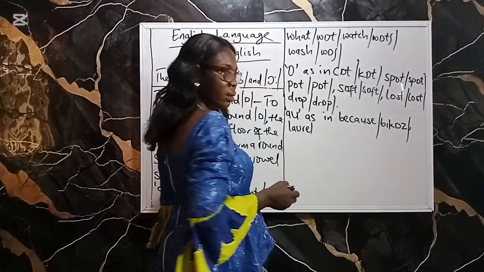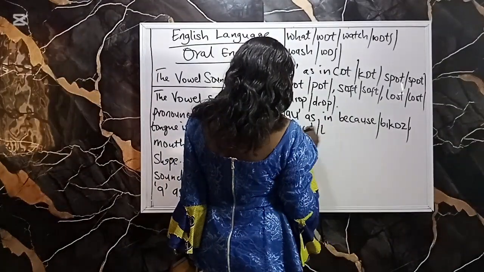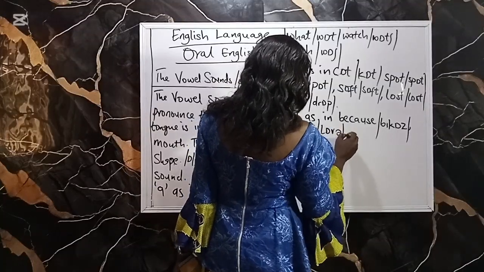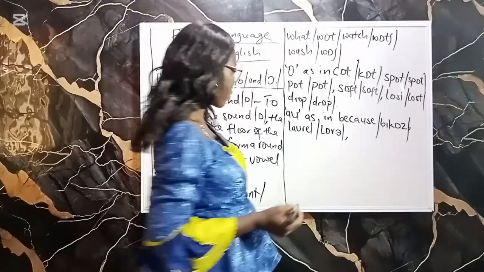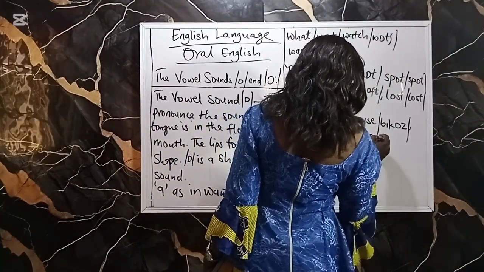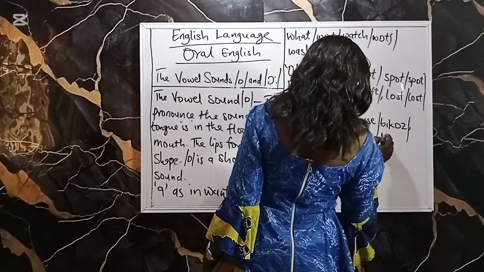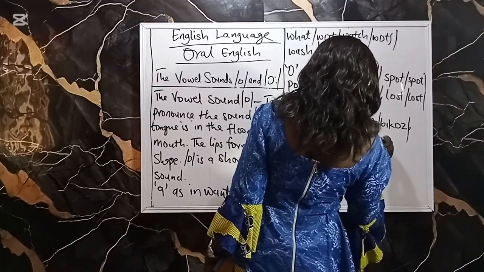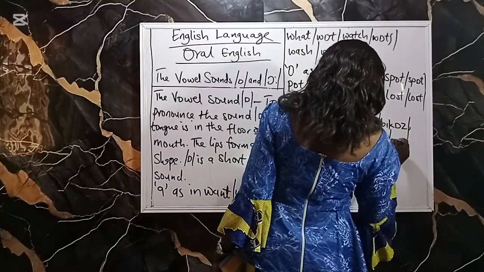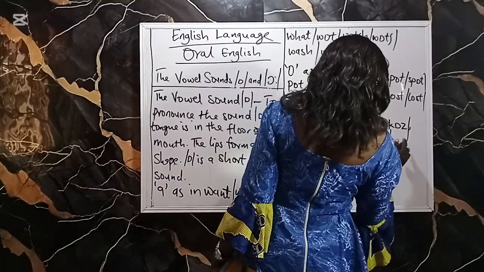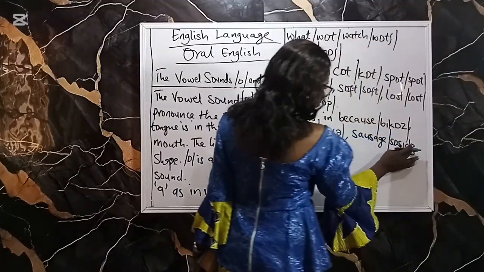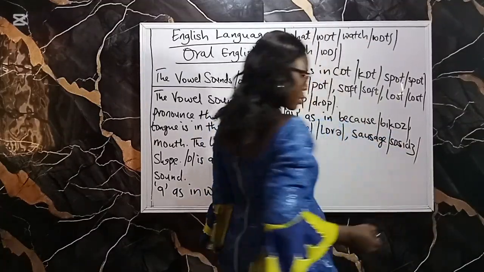You put the sound. Then we have sausage. How do we pronounce it? You put the sound. So sage. This is J. This is E, sausage.